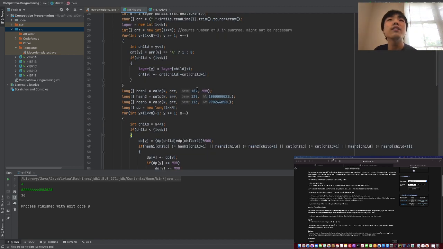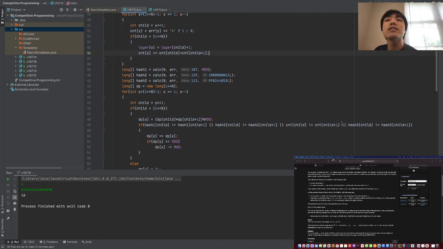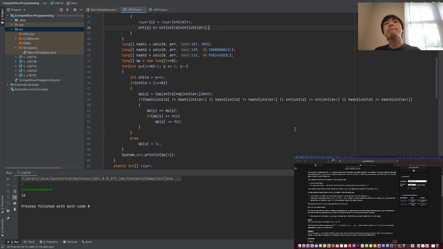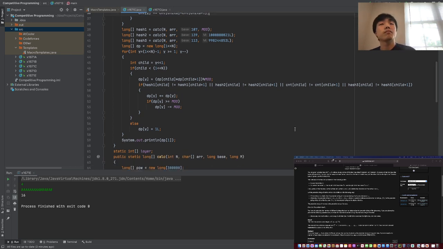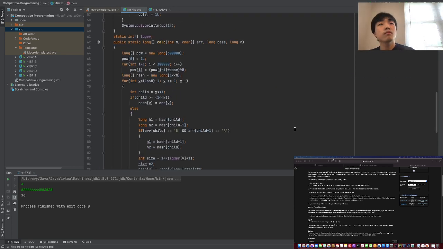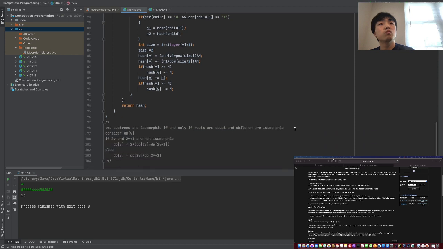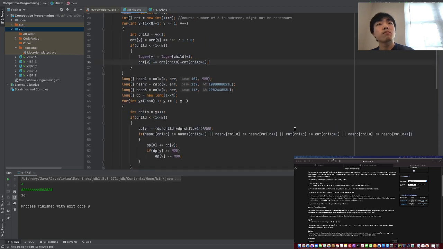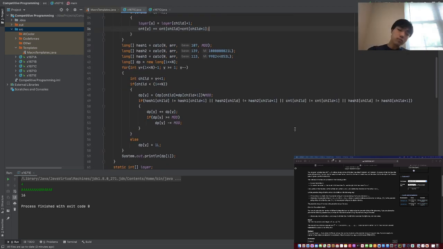Child at layer. Because two strings can potentially be the same in here.